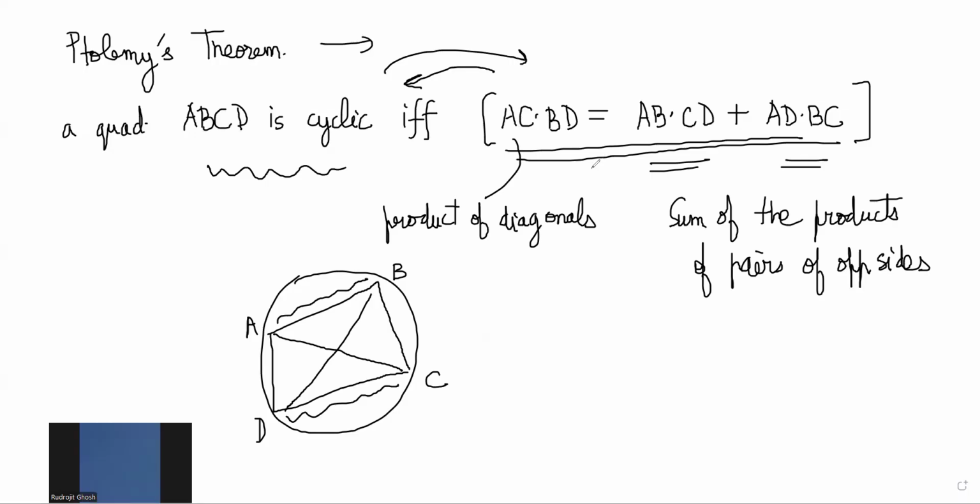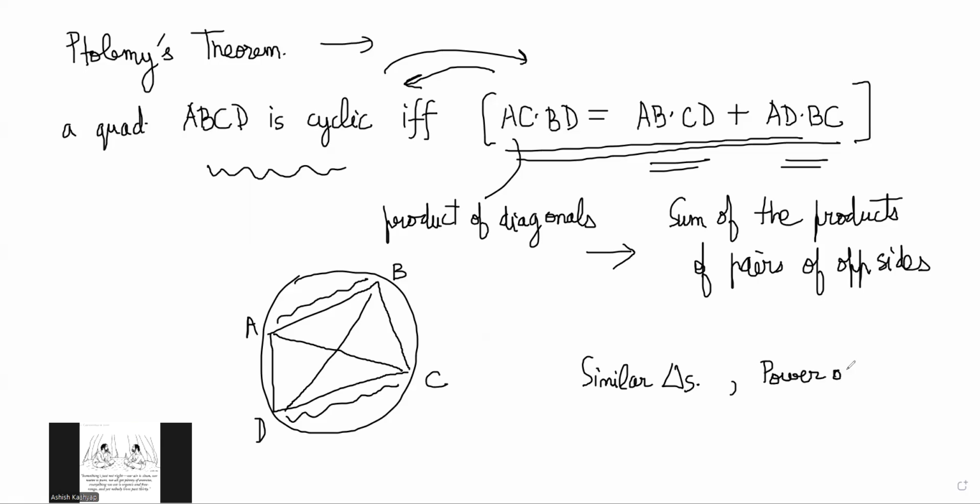Yes, sir. Again, the proof is by similar triangles, but you can use power of a point probably also. You need to try to do the proof yourself. Similar triangles and power of a point are technically the same thing. Power of a point is just one level higher than similar triangles.